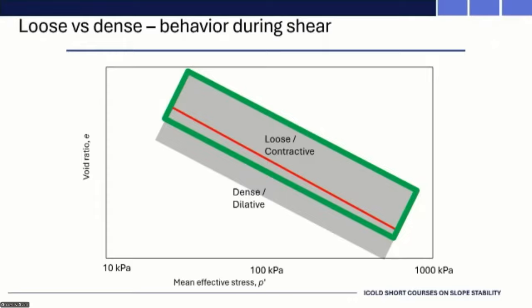Now the reason we've drawn that green box as sitting below the critical state line is that when you look at a lot of the recommendations on what constitutes contractive behavior, people talk about minus 0.05. In other words, below the critical state line.